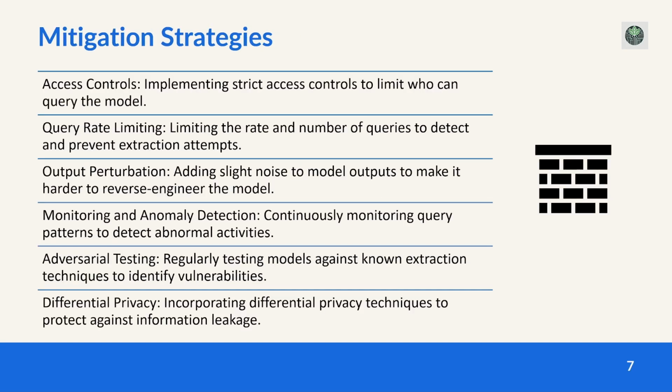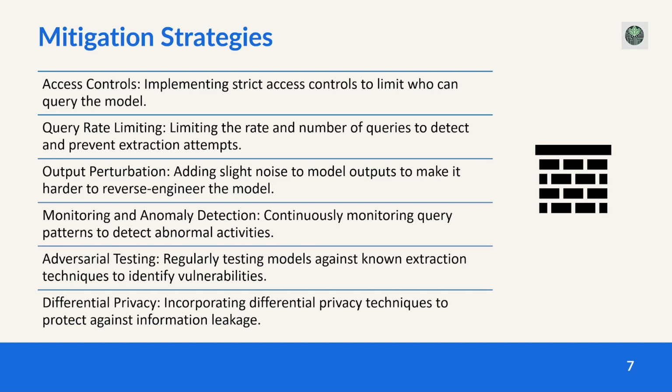Okay, so now let's talk about how we can mitigate these extraction attacks. One of the first lines of defense is implementing strict access controls to limit who can query the model. Additionally, query rate limiting is another effective approach. This entails controlling the rate and the number of queries allowed. You can detect and prevent extraction attempts this way. Output perturbation adds slight noise to the model's outputs, making it harder for attackers to reverse engineer the model.